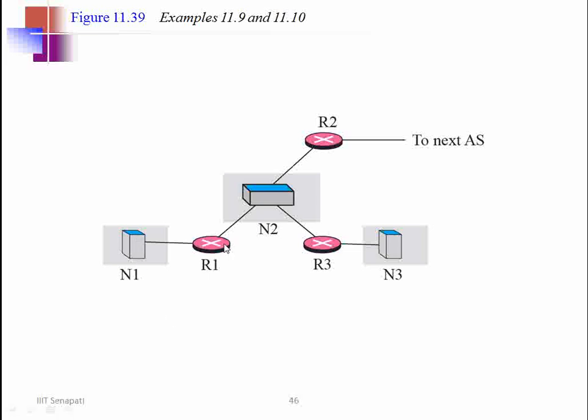For N1, R1 advertises, because it is the only one attached to N1. For N2, R1, R2, R3, all of them are attached, although any one of them will be the designated router for this, so any one of them can advertise. For N3, you can see R3 is the designated router, so R3 will advertise.